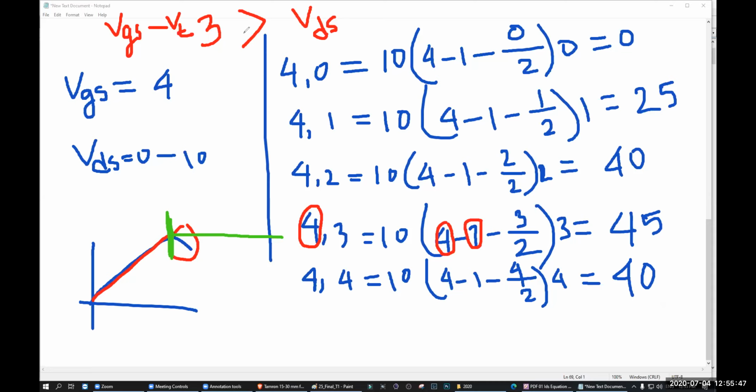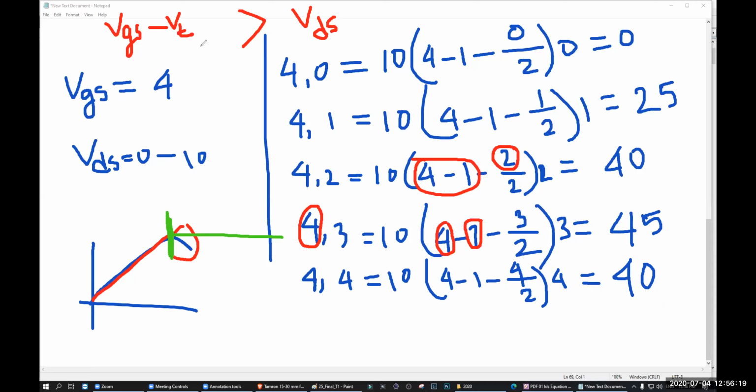When our VDS is smaller, that time we had our linear. See here, 4 minus 1, how much? 3. And how much was our VDS? 2. VGS minus VT was 3 and our VDS was 2. So which one is bigger? VGS minus VT was bigger, right?